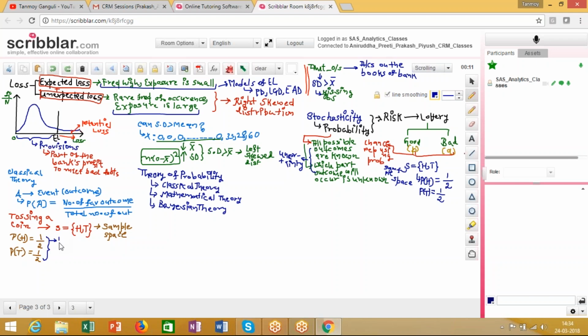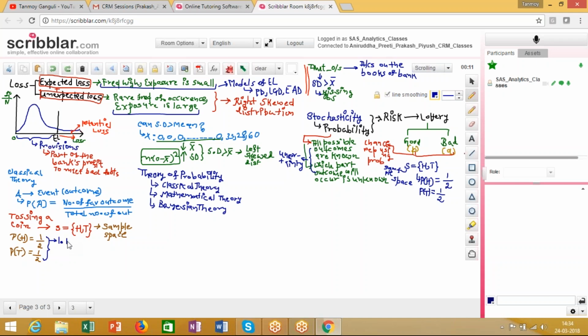Number one, the most important assumption which has made this calculation possible is that the outcomes are discrete in nature.